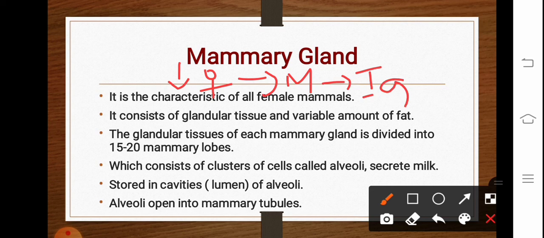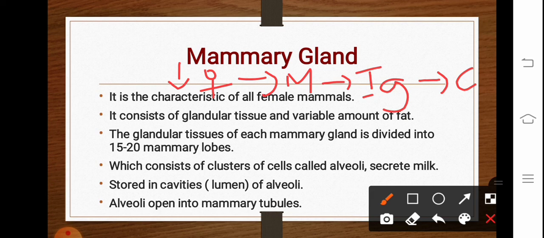They are antibodies. Okay? This is very essential for the child. The first milk immediately after parturition is called colostrum, right? I hope you know this. It contains antibodies called IgA.